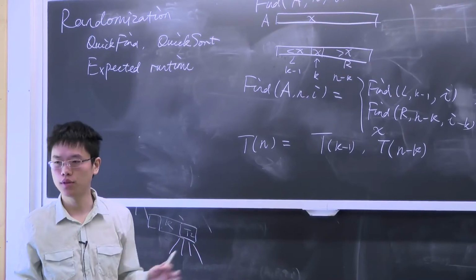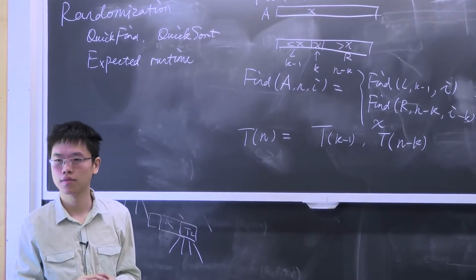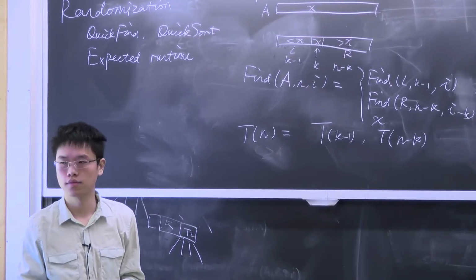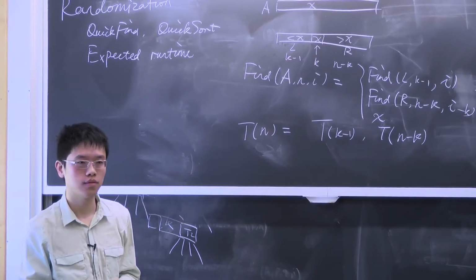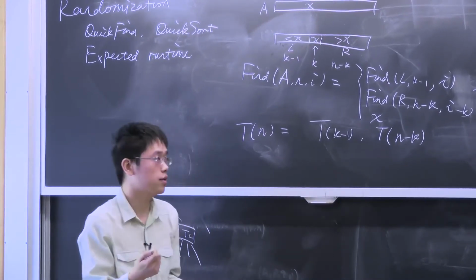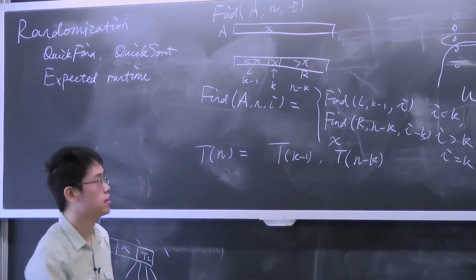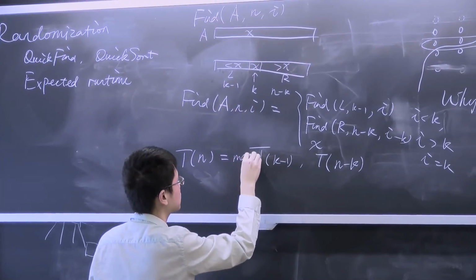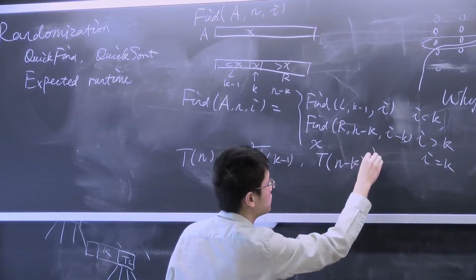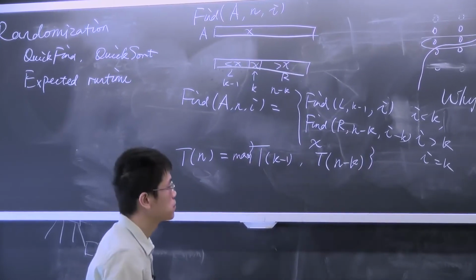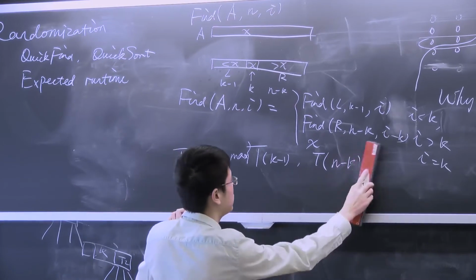So which one should I put into the recursion? I don't know whether my element is on the left or on the right. So I'll be conservative and take a max of these two. Let me write it down.